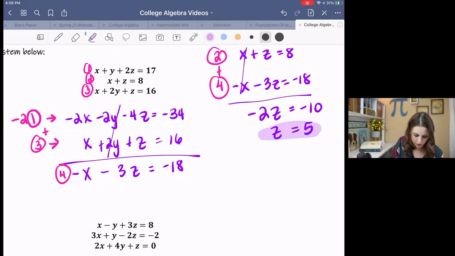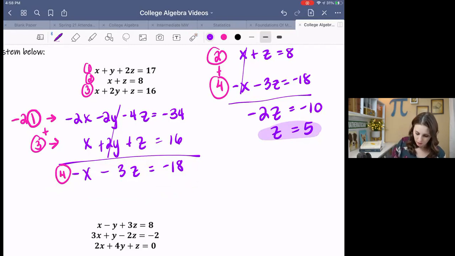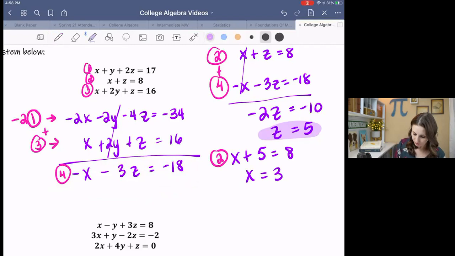Excuse me. Now I can plug that in. We can back substitute into either this equation or this equation to find x. So we've got x plus z equals 8 for the second equation. Subtract 5 to get 3. And now we use x and z to find y.